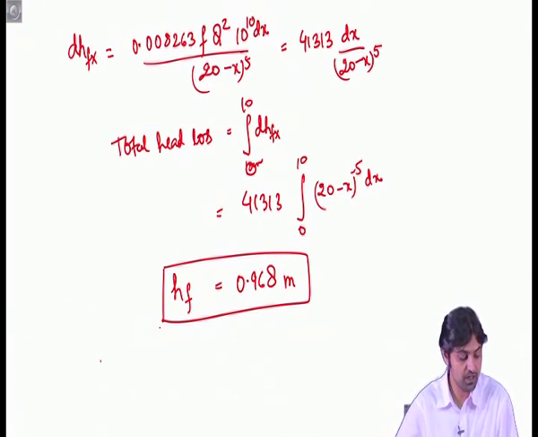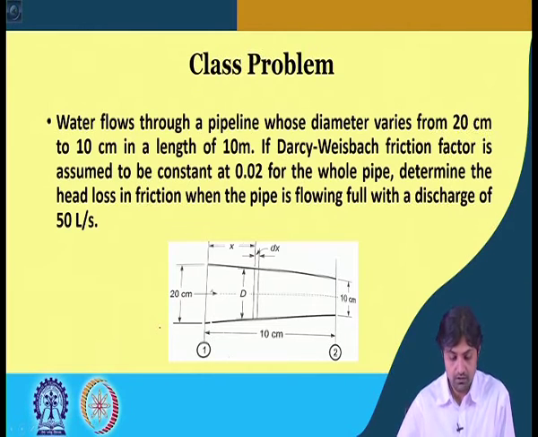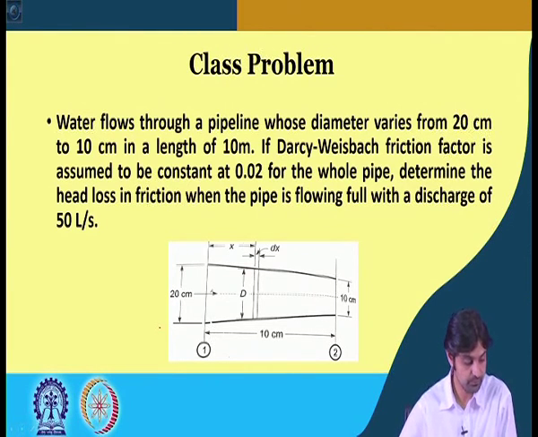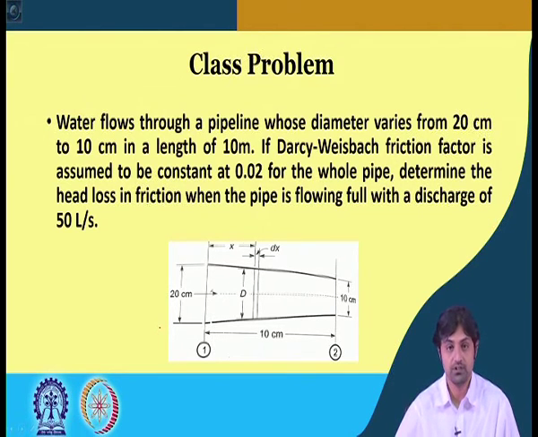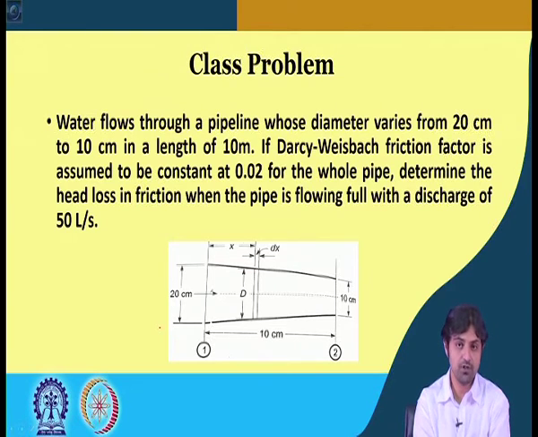All right, a very simple application because the Darcy-Weisbach friction was already given. So this is one question. So until now what we have done, we have obtained the pressure drop as a function of Darcy's friction f, where f is some function of Reynolds number and epsilon by d.